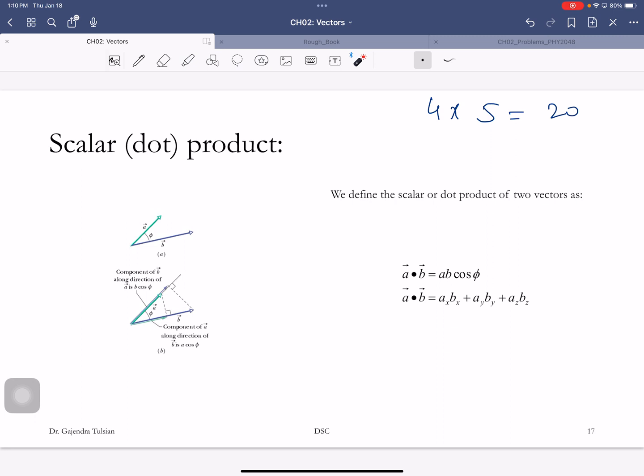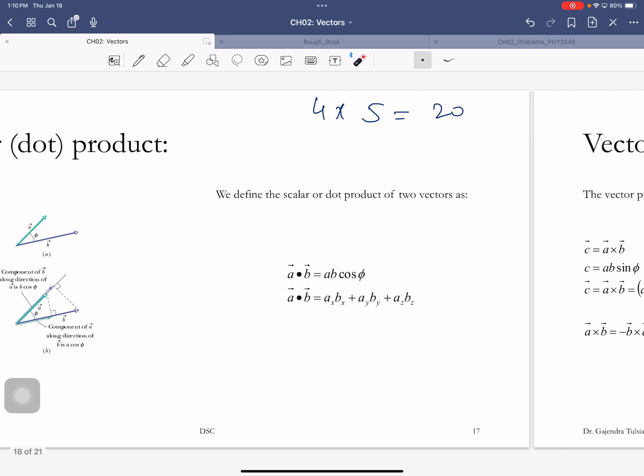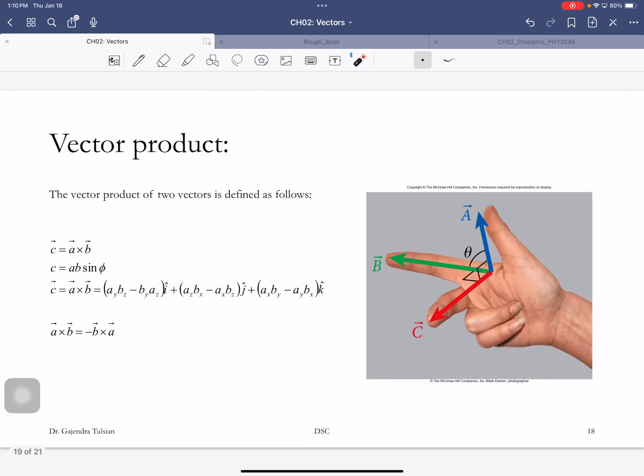In 3 dimensions, how many numbers do you need to specify a vector? 3. So you're going to take 2 objects, 3 numbers each, and the answer is going to be 1 number. You start off with more complicated objects, multiply them and get a simpler object. And the other product is a vector product. As the name suggests, the answer will be a vector.